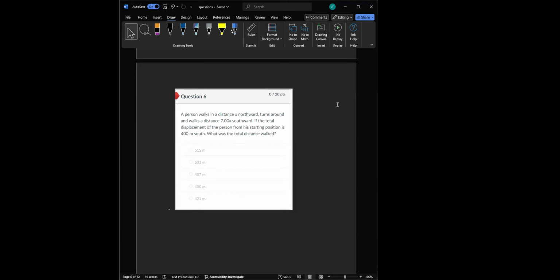So they went X minus 7X. That obviously gives you negative 6X. And if the total displacement of the person from the starting position is 400 meters, then what you're saying now is the total distance you are away is 400 meters. So you could say 400 meters is equal to negative 6X.